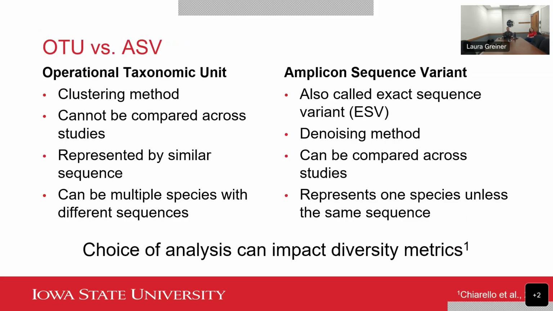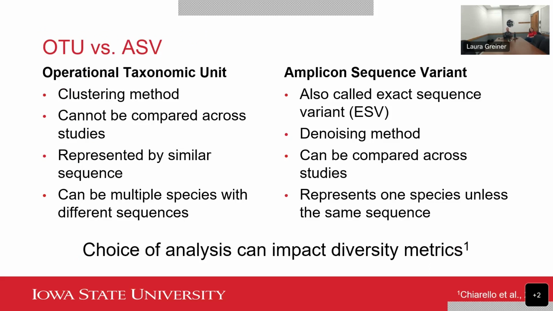To go into a little more detail on some of the differences of the 2. Again, quickly, OTUs are a clustering method where we're looking at similarity of sequences. But because it's a clustering based on what sequences are present when you're analyzing those data, you can't compare OTUs from one study to OTUs in another study.